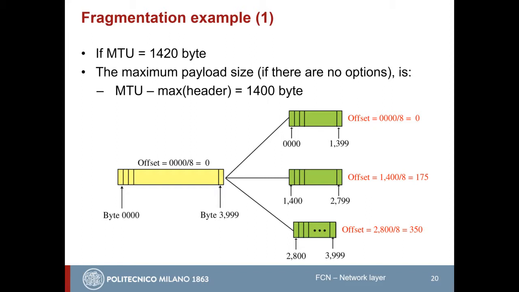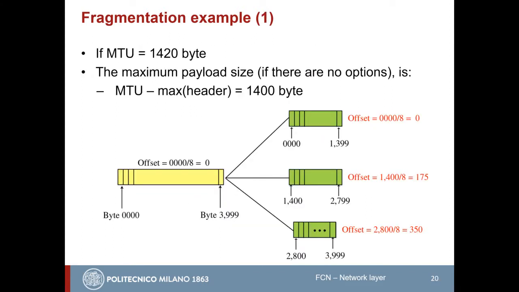So in this case, we will generate 3 fragments, because 4,000 divided by 1,400 is 2 point something, and so it means that we generate 3 fragments.